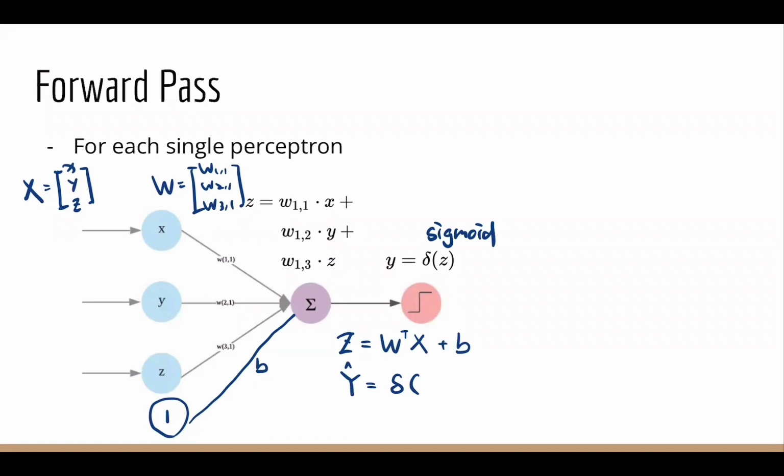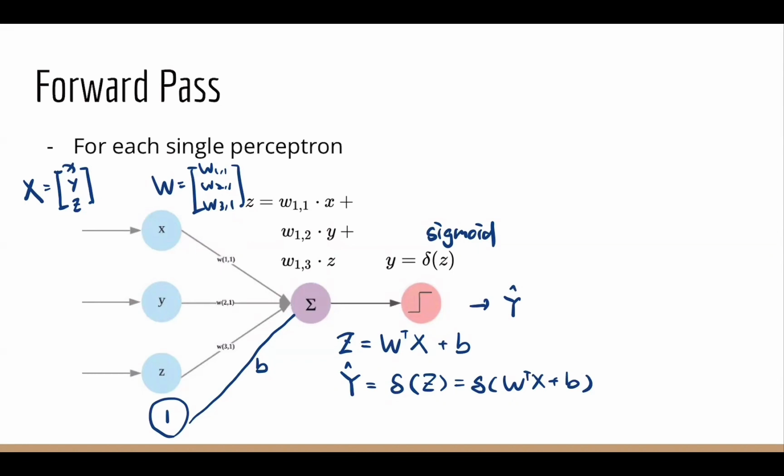Y hat equals sigmoid of z, which is sigmoid of W transpose X plus the bias term. We take this as the output of the single perceptron.